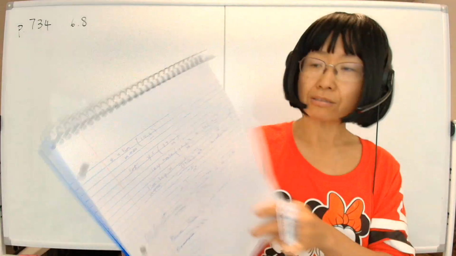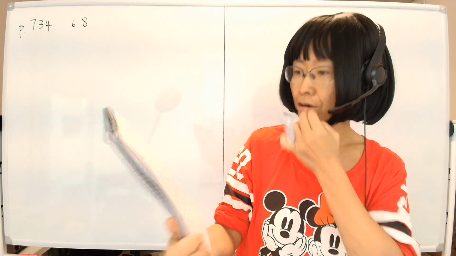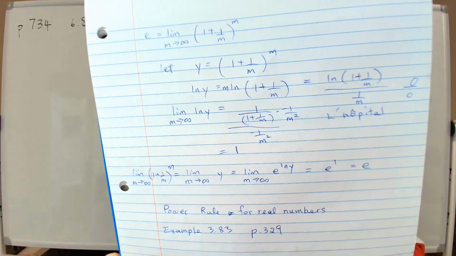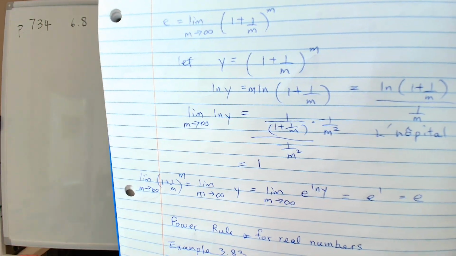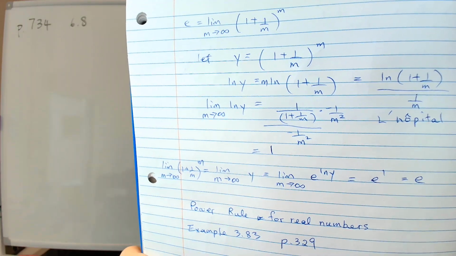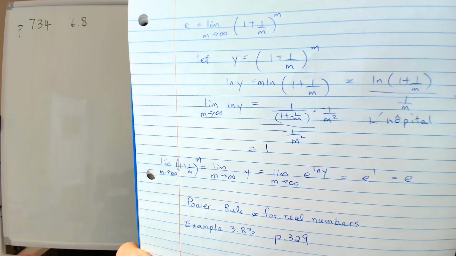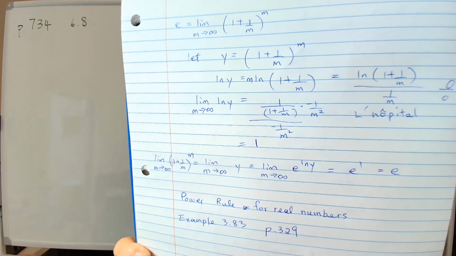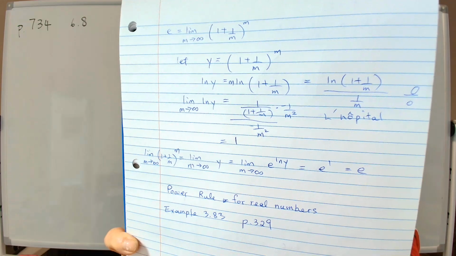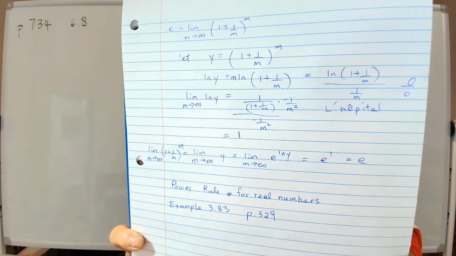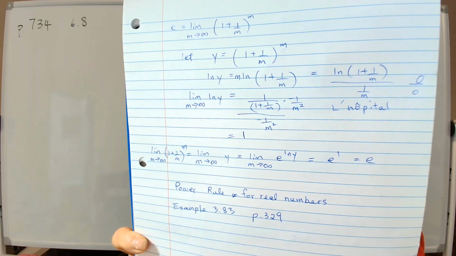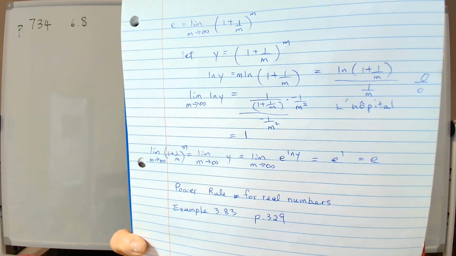Once you take the natural log, you can take the m down from the exponent and put it in front. It becomes m times the natural log of all that stuff, and that's still not good enough, because you still have m going to infinity and the other thing going to 0. Infinity times 0 is not getting you anywhere.